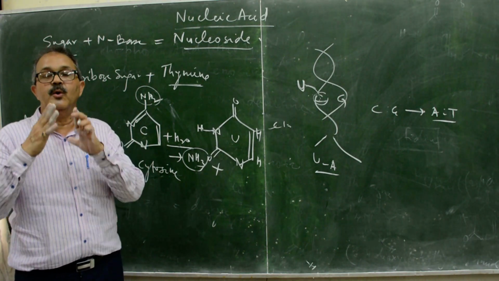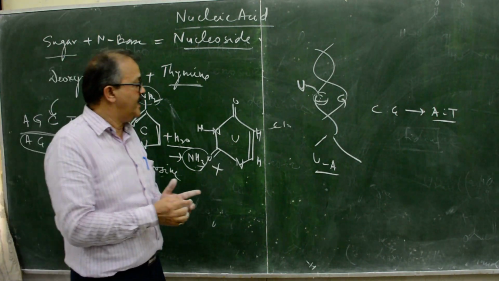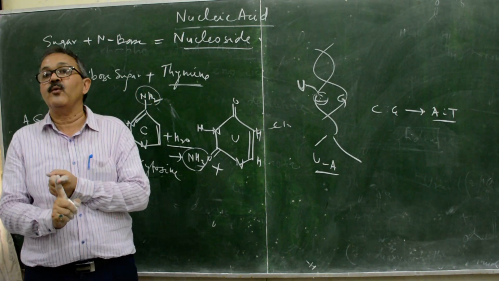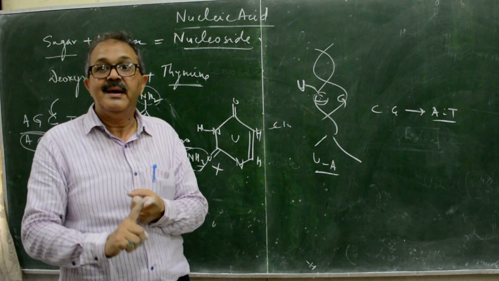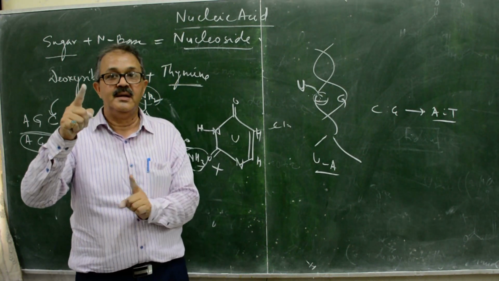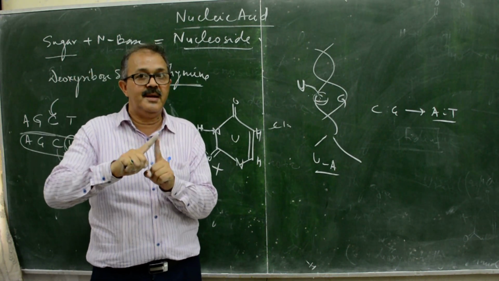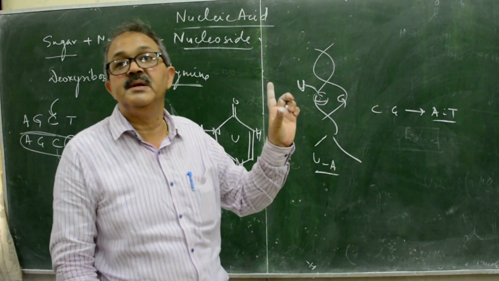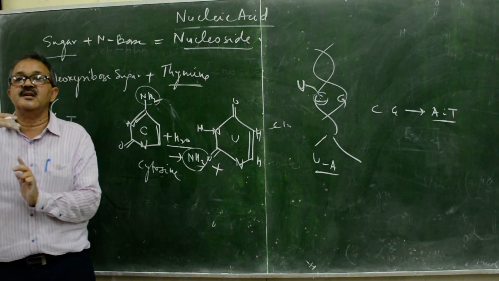So I feel it is because of natural selection. Nature provides more stability to DNA, having the deoxyribose sugar. First, deoxyribose sugar provides more stability to the DNA, and second is the replacement of uracil by thymine. The methyl group in thymine also provides stability and makes the DNA more stable.